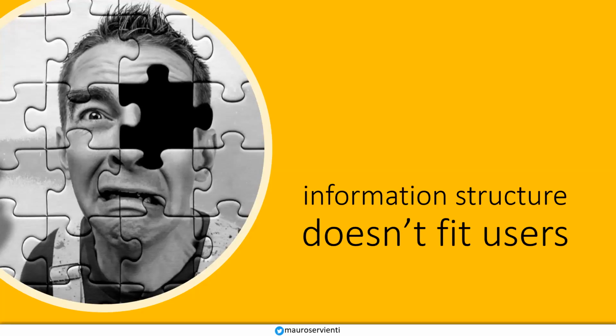So the problem is obviously that if we have information living in different systems or different databases or even different tables that are not linked together, so there isn't really a foreign key linking them together, we cannot expect users to go from page to page in order to understand what's in the cart or what a product looks like. So we should try now to find a solution to a problem we just created ourselves.